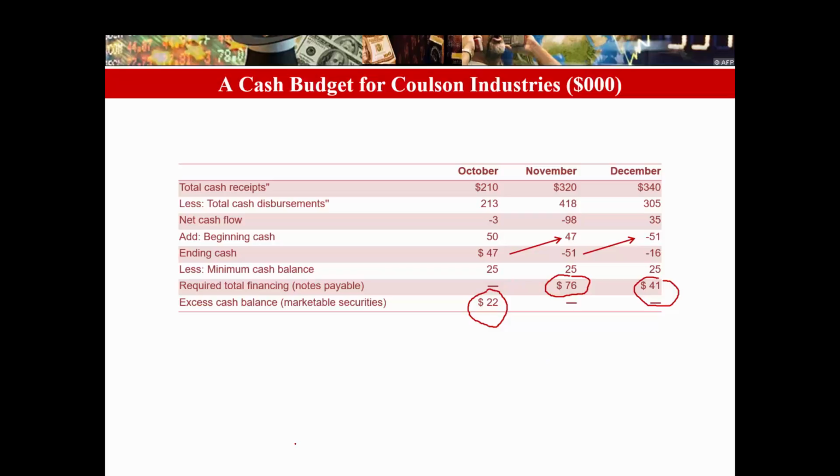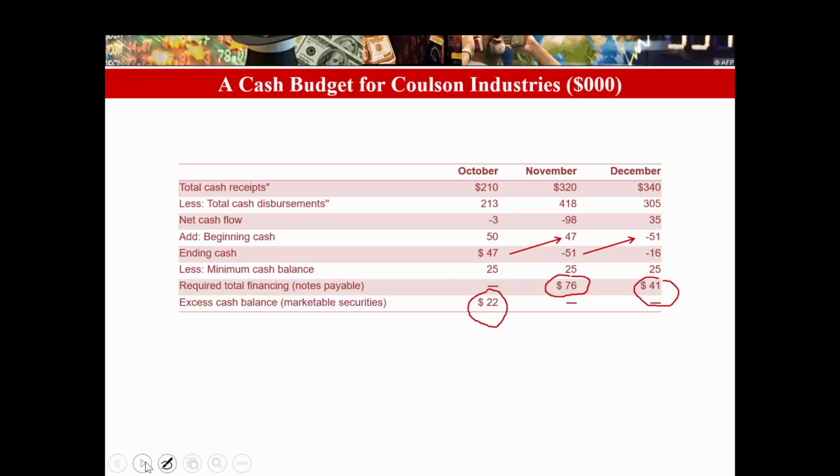So essentially, the cash budget gives us some visibility about the future, tells us about our surpluses and deficits, and prepares us for these outcomes, so that we are not caught unprepared for these shortages that we encounter. Now, like any type of budgeting exercise, these are all based on assumptions.